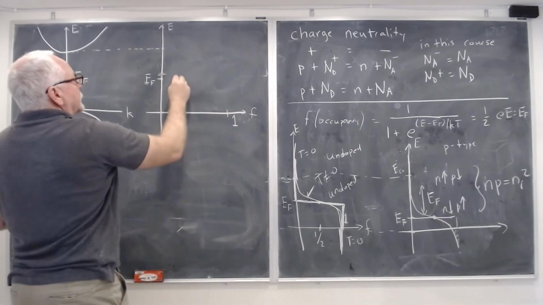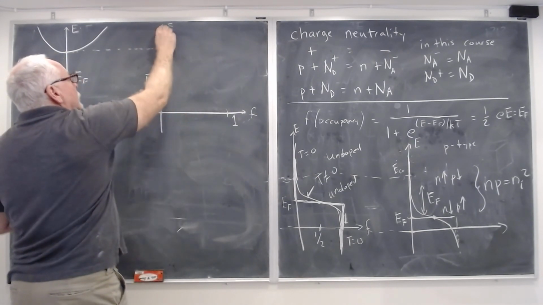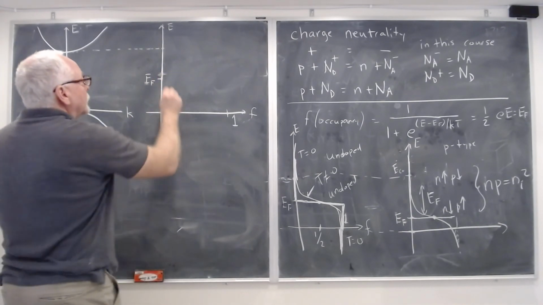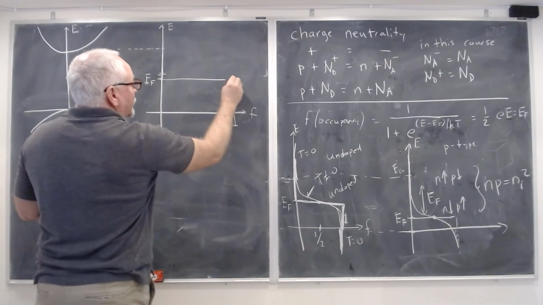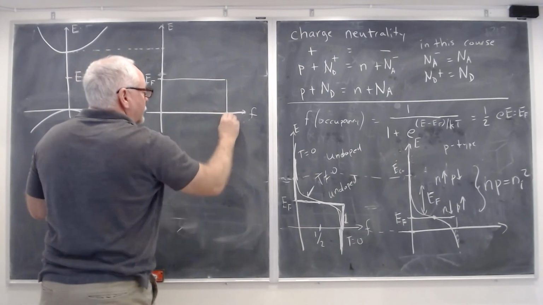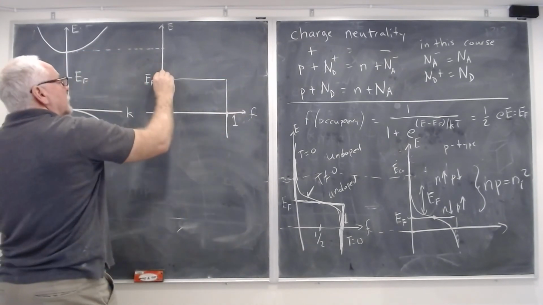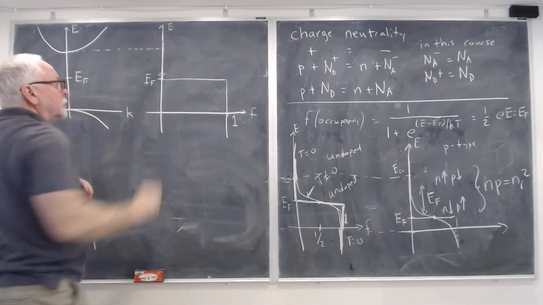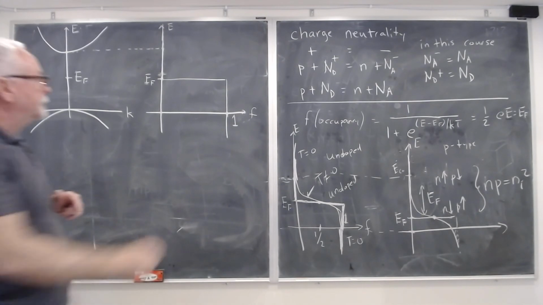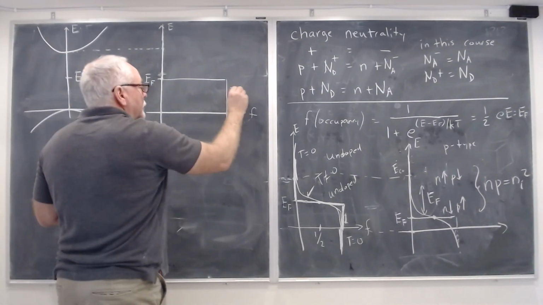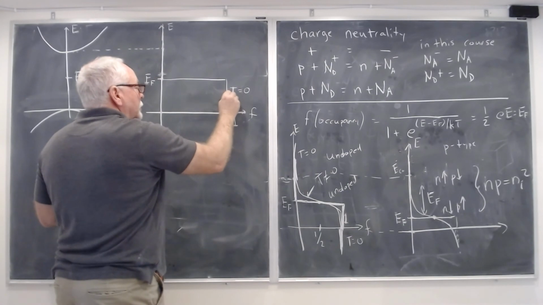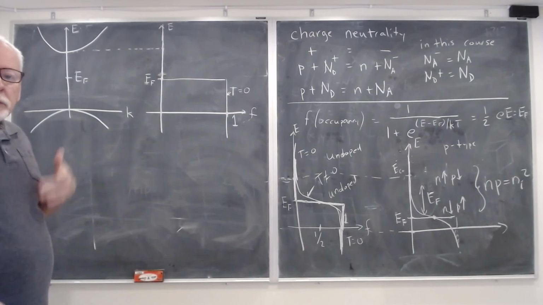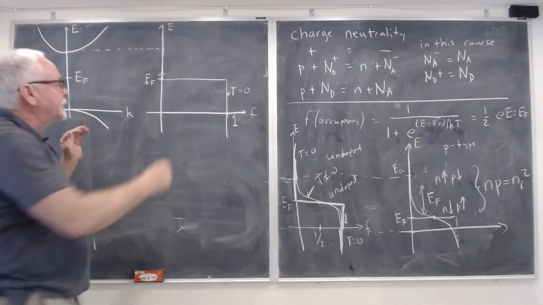Let's first do t equals 0. Now, this is t equals 0. Now what I'm going to do is raise the temperature, and I'm going to sort of exaggerate it a little bit.